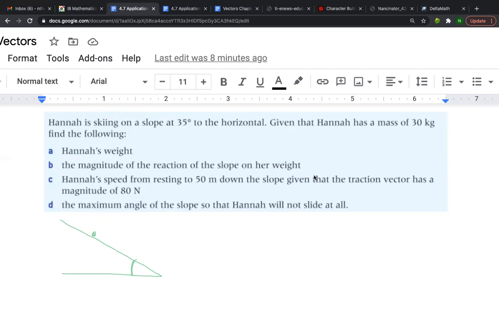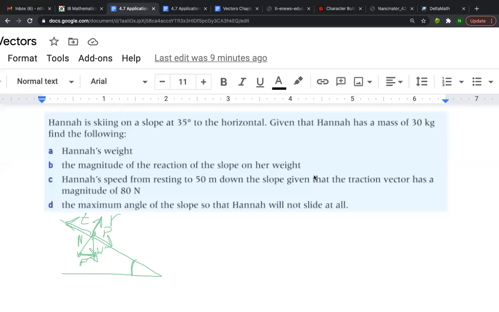Her weight is here, W. And then we have the normal, and here is P, which corresponds with this P. This should be R for the perpendicular. And then this way is T, which is our traction. You don't need all of those things yet, but this is just for now.